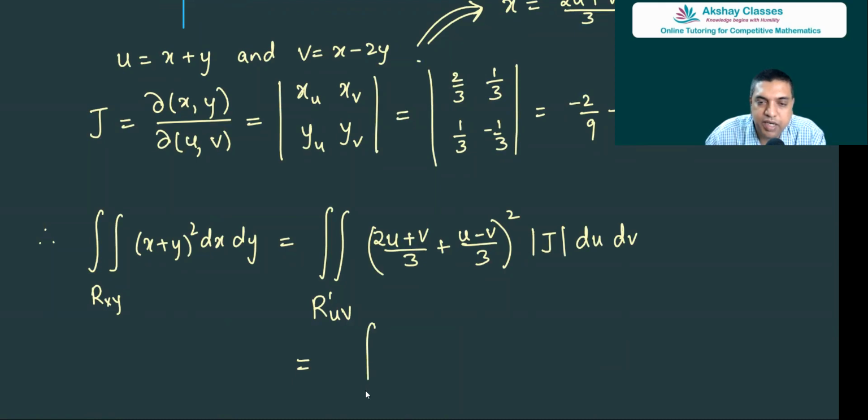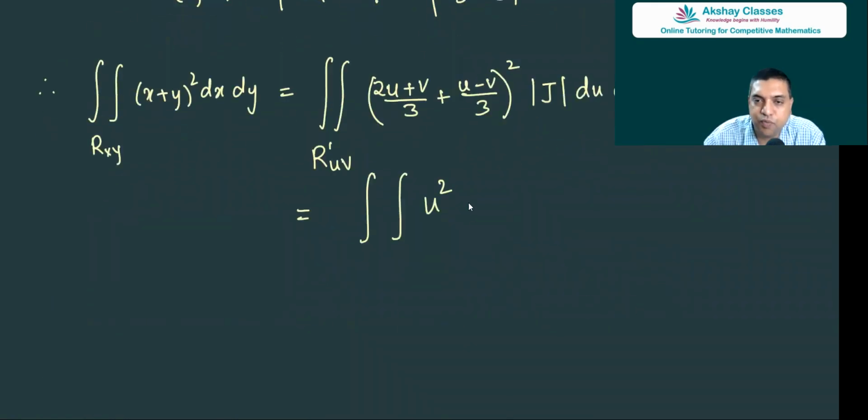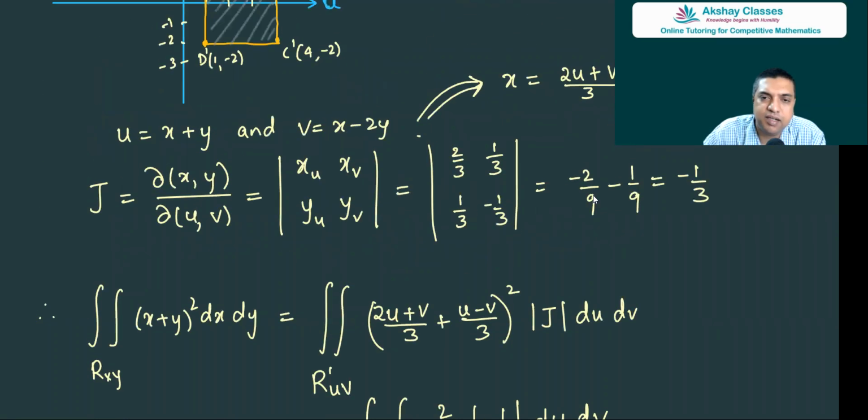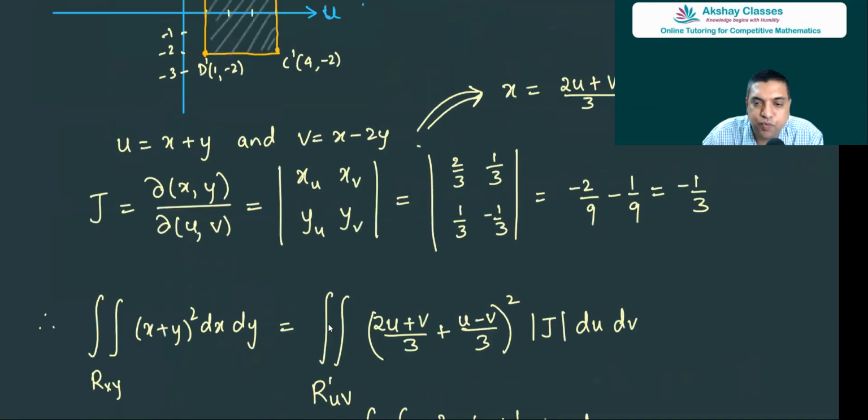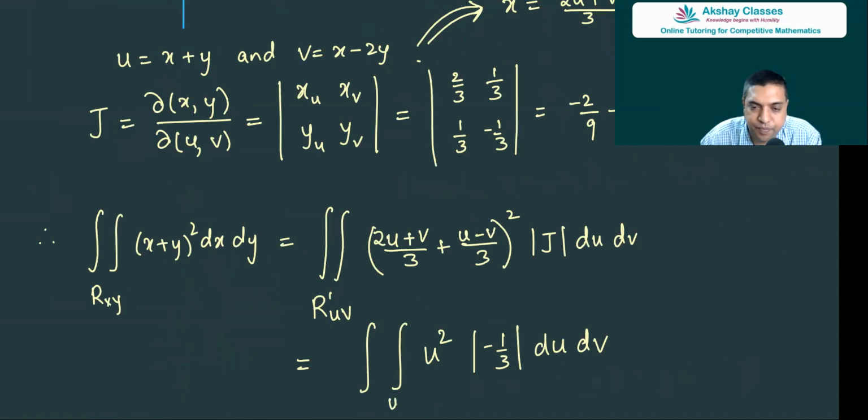So integral of u square, modulus of Jacobian, modulus of minus 1 by 3, du and dv. Let us see. Now u varies from u equal to 1 to u equal to 4 in this transformation.